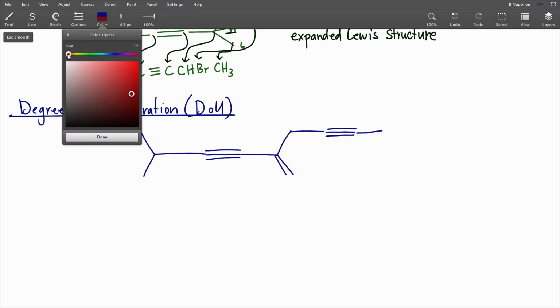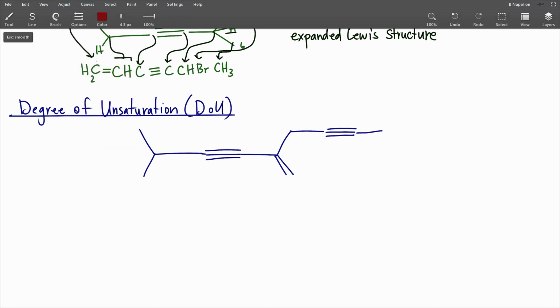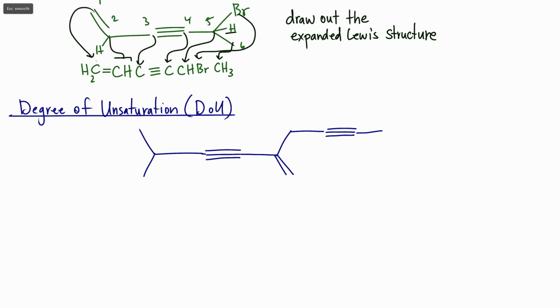So let's go ahead and, from memory, let's count out what we have. For every pi bond, that counts as a degree of unsaturation. So I have one pi bond here, another pi bond here, that's 2, that's 3, another pi bond here, 4, 5. So I should have a degree of unsaturation of 5 for this molecule.